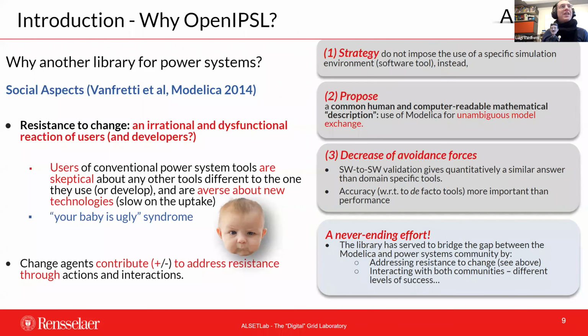We propose then that you have an unambiguous exchange of the models, which means that you can move it between tools, and that's for free using the Modelica language, but that's the way that I can sell it, let's say. We can decrease avoidance forces by showing people that I can give you the same result as the domain-specific tools, and that accuracy is more important with today's computers than performance.